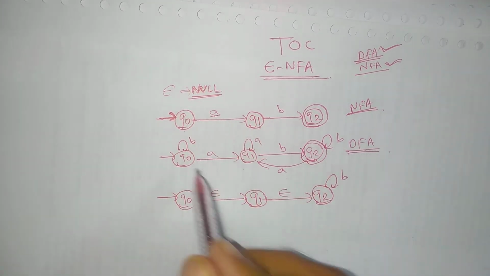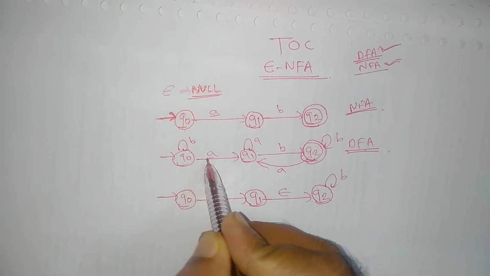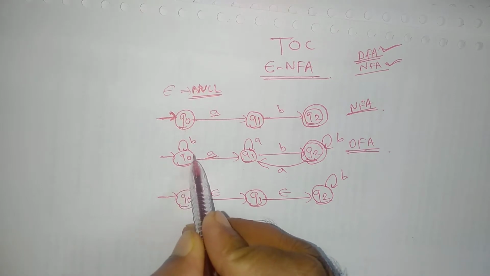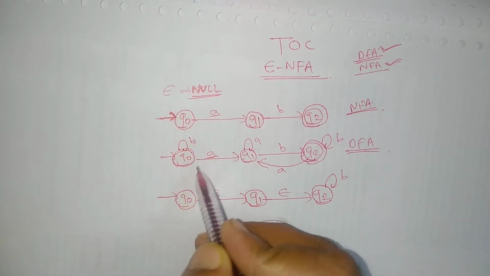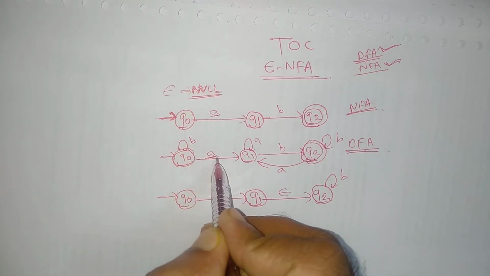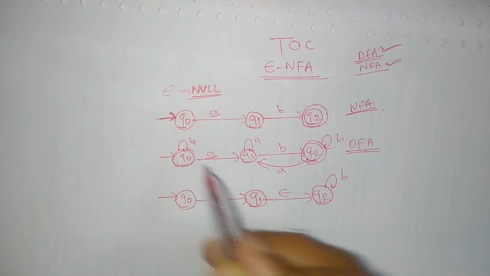In DFA, when Q0 takes A as the input, it will reach Q1, but at the same time I have to check what about B. That means A and B are the input. Then if I do the transition for A, I must look out what is for B.